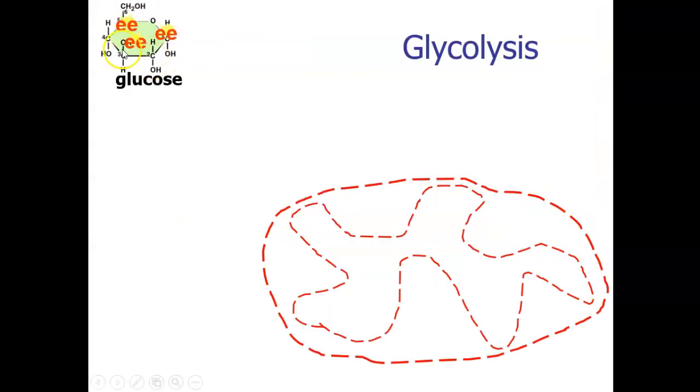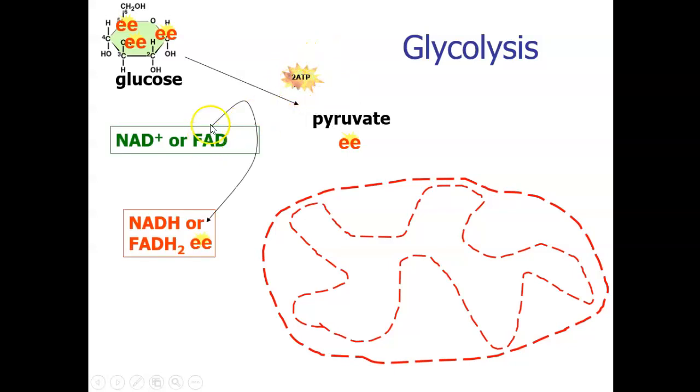So in glycolysis, we take that 6-carbon sugar with its high energy electrons, and we break down glucose 6-carbon into 2 3-carbon pyruvates, releasing 2 ATP and producing 2 NADH molecules. FADH, we're going to see, is also an electron carrier.